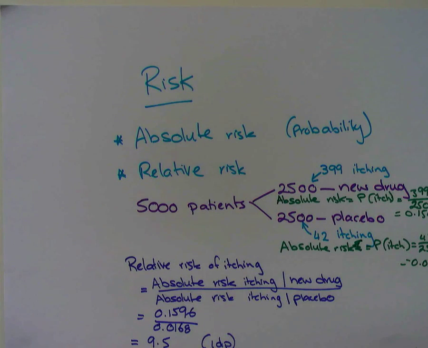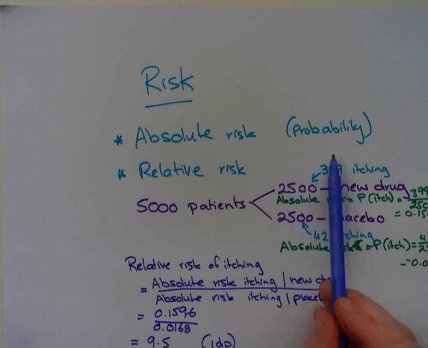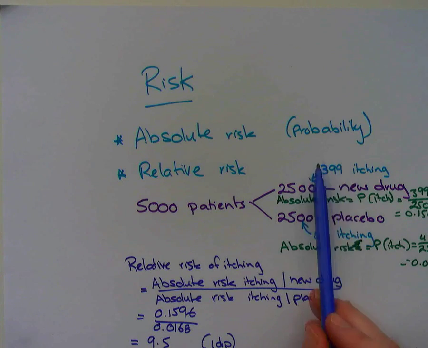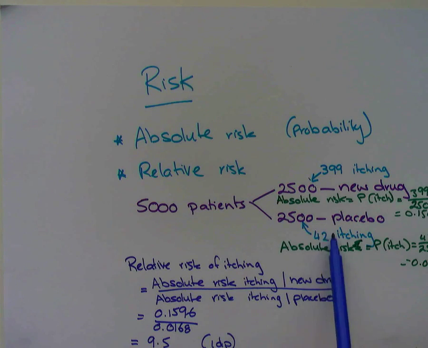Now what does that mean? In the new drug group there were a lot more people, 399, who reported itching as a side effect, compared to only 42 of the 2,500 in the placebo group. In fact, 399 out of 2,500 is 9.5 times as big as 42 out of 2,500, and that's what our risk is.